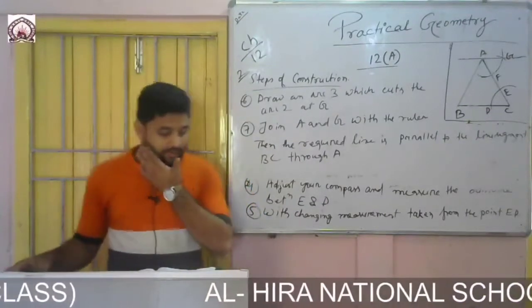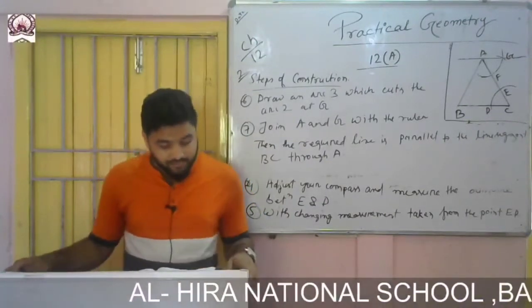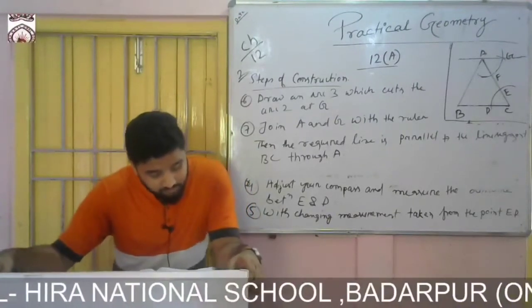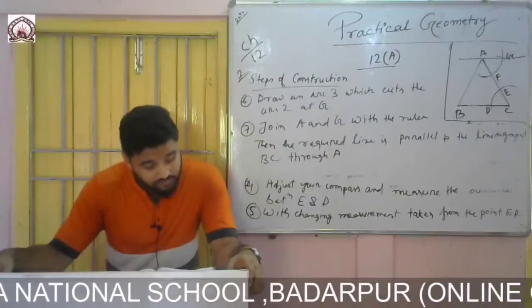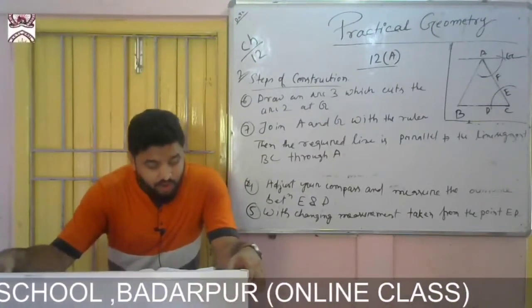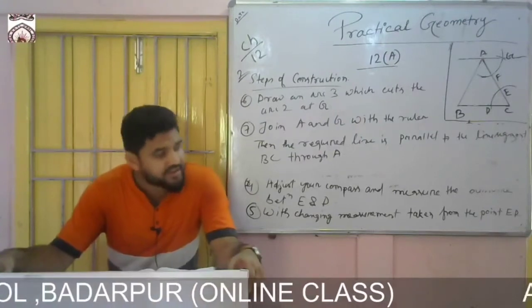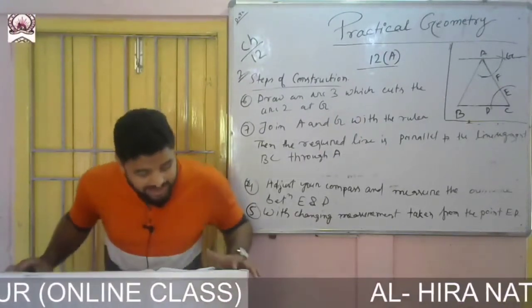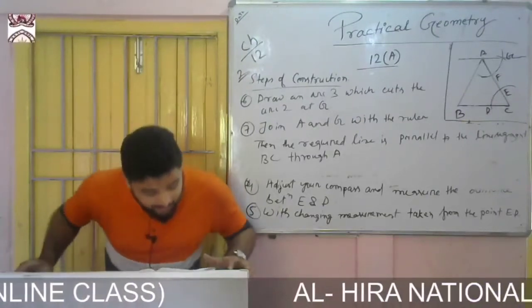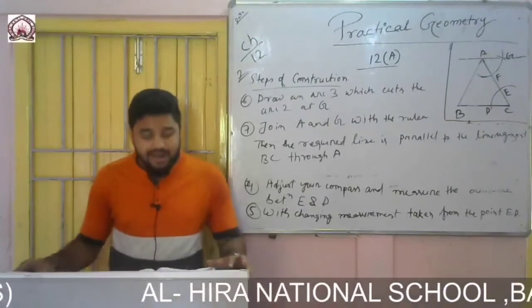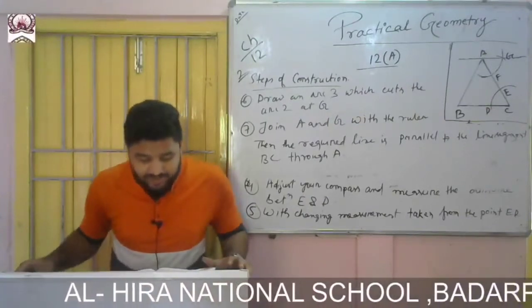Now come to question number 3. Draw a line segment of length 6.3 centimeter. Draw another line parallel to it at a distance of 3 centimeter from it.